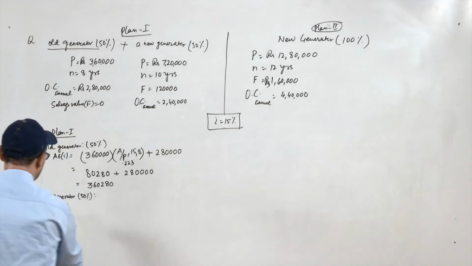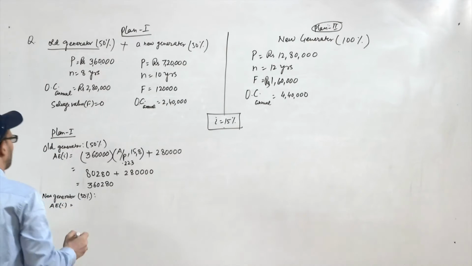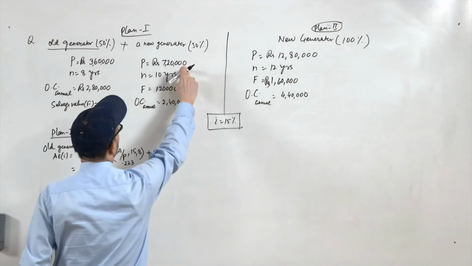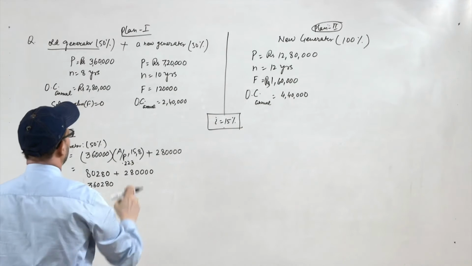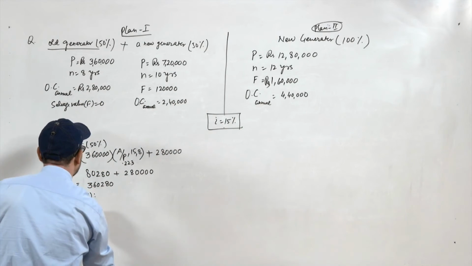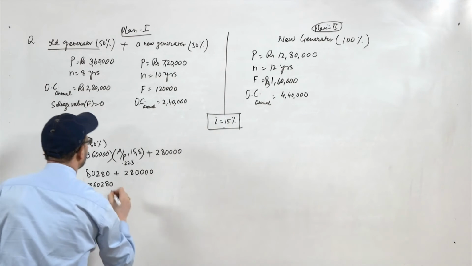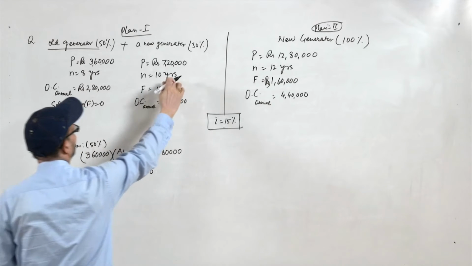For that annual equivalent will be, you have P as 7,20,000, F as 1,20,000. So, P minus F, that is 6 lakh multiplied by A by P I n, n is 10 here.